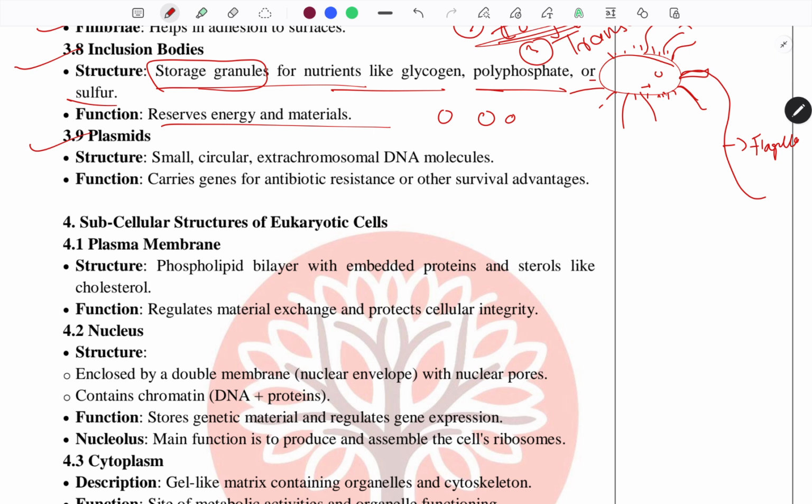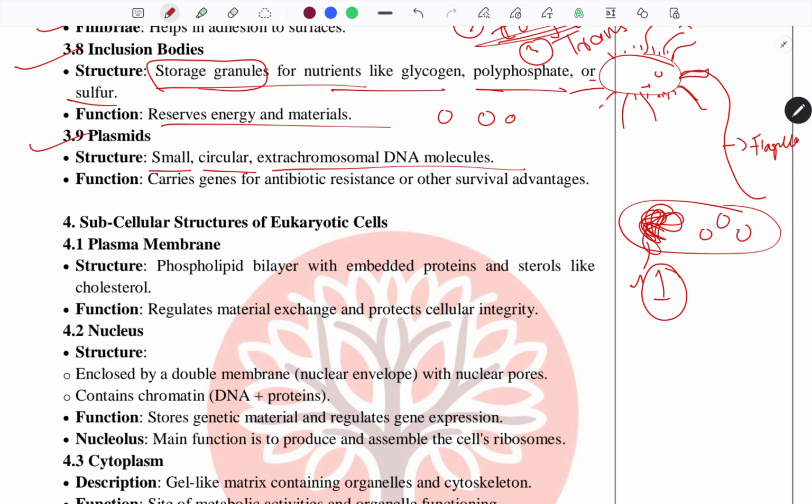And one more is a plasmid. It is a small circular extra chromosomal DNA molecule. As I said, in one particular prokaryotic cell there is only one genetic material. Depending upon the type of prokaryotic cell and which bacteria it is, there may be plasmids.